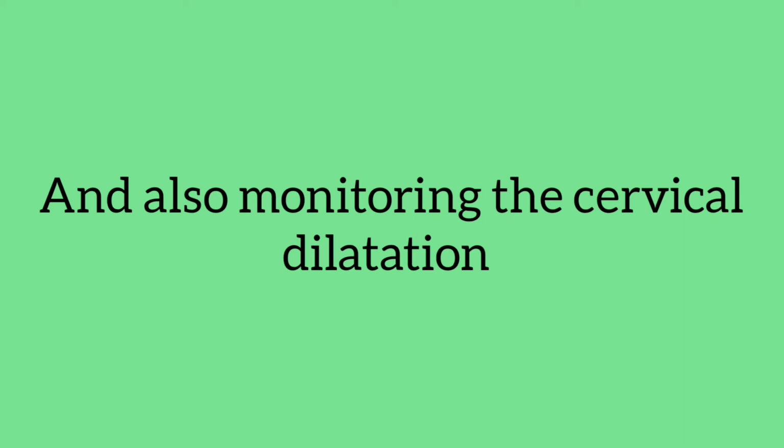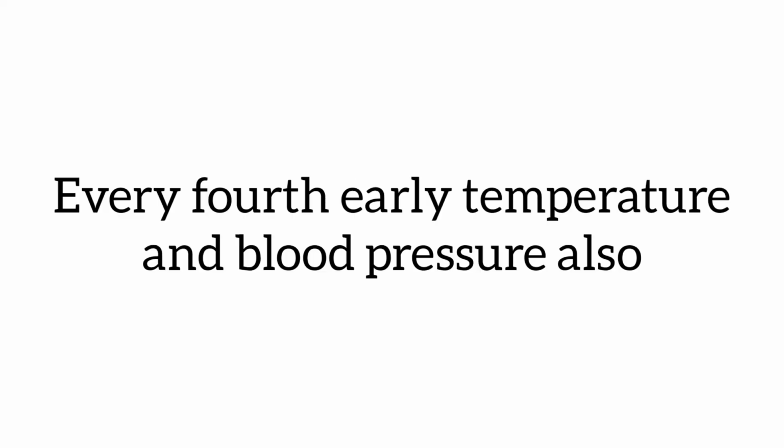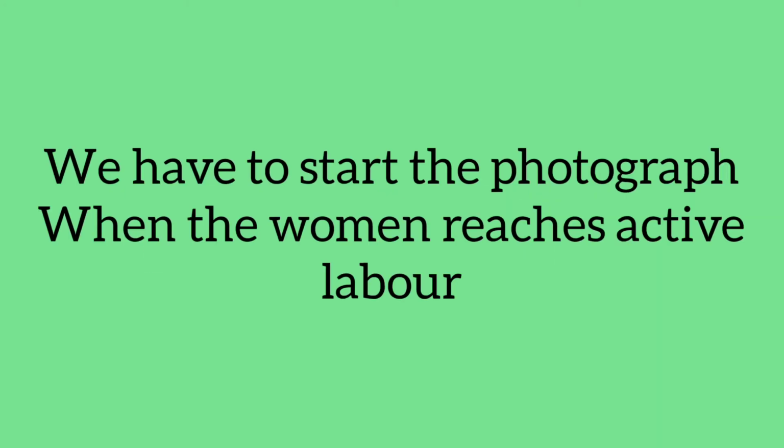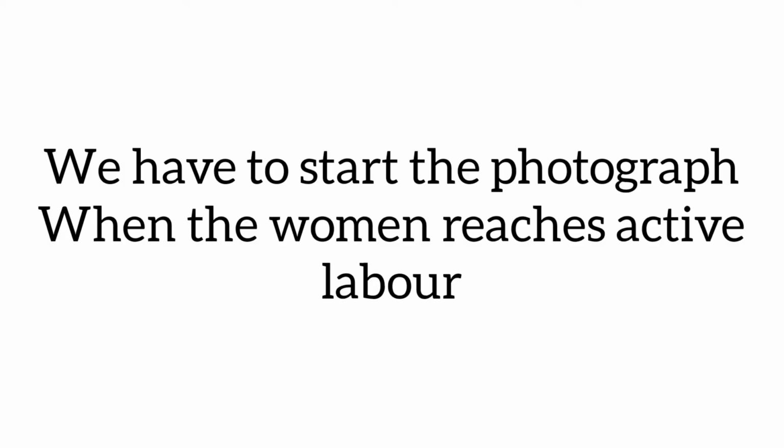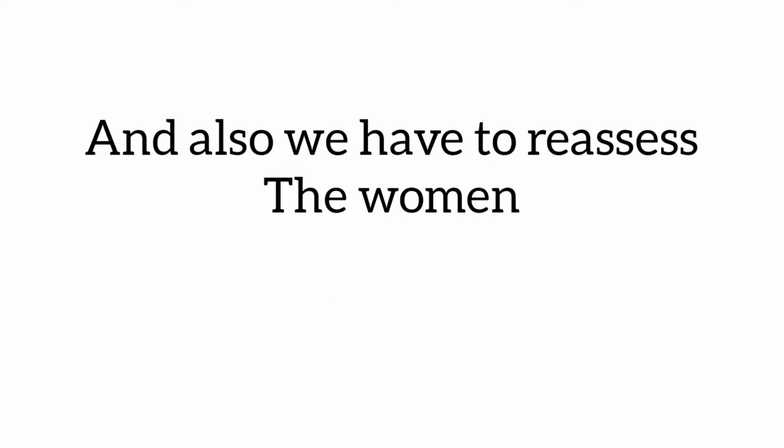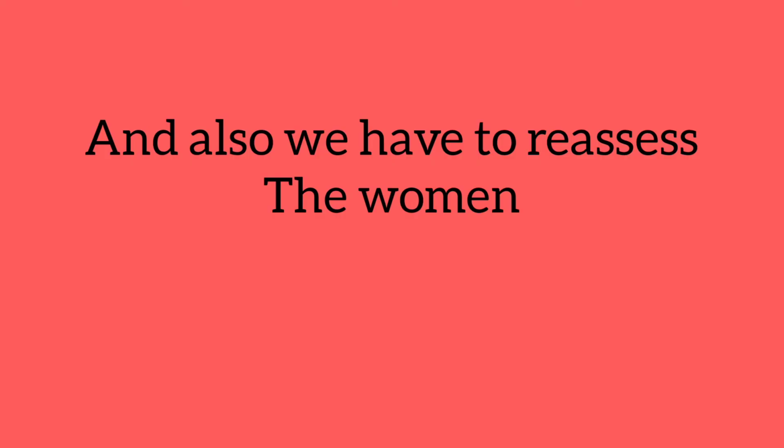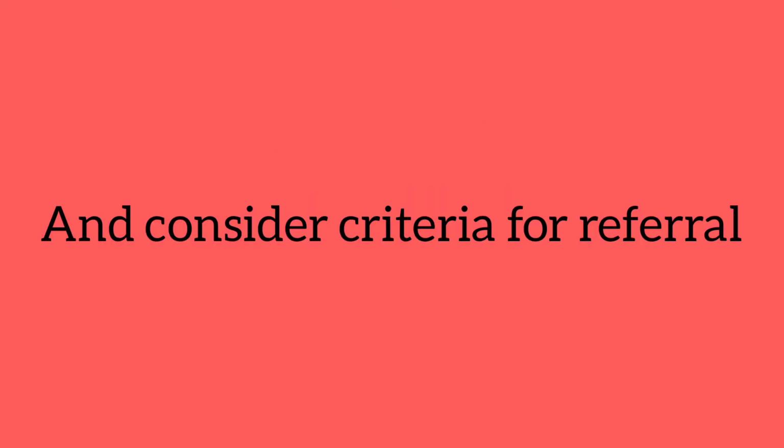And also monitor the cervical dilatation every 4 hours, temperature and blood pressure. Okay. Next, we have to start the partograph when the woman reaches active labor, and also reassess the woman and consider criteria for referral.